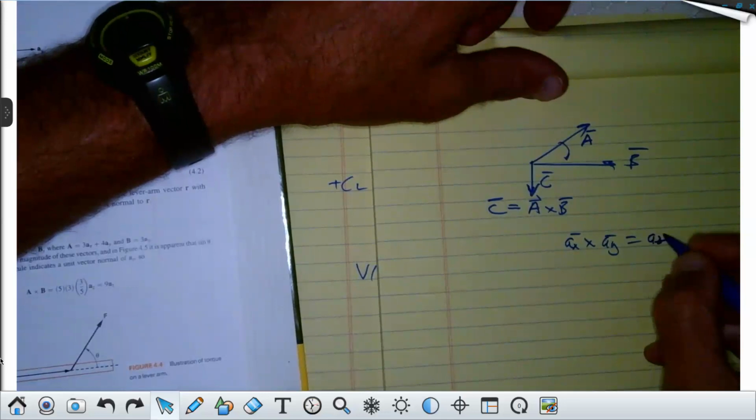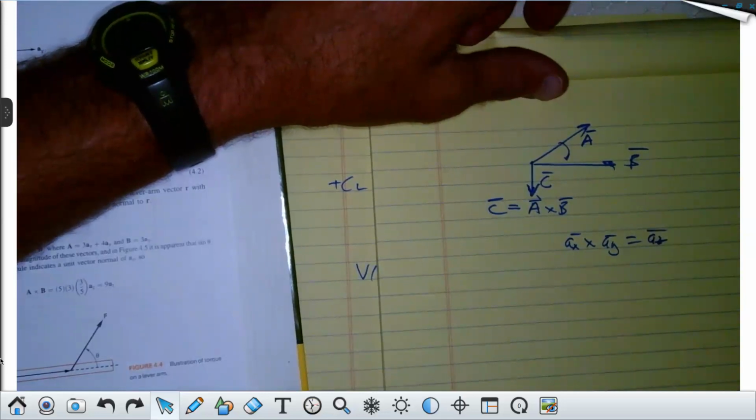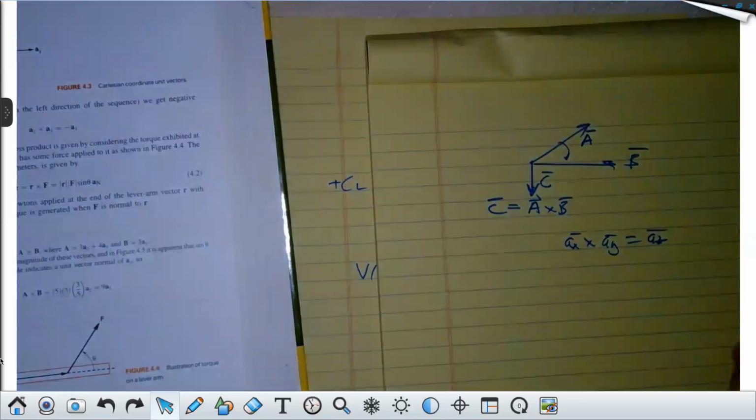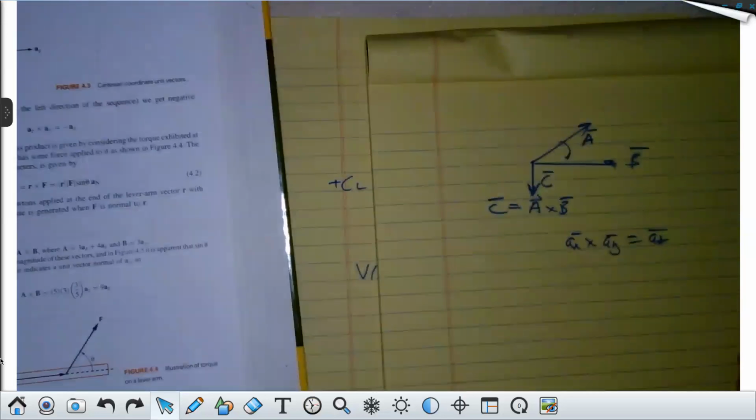Y'all remember doing this? No? You never did cross products, honestly? How many have? Just tell me, because you're supposed to have had this before in math. You didn't have this, really? You don't remember? Did you guys have it? No?